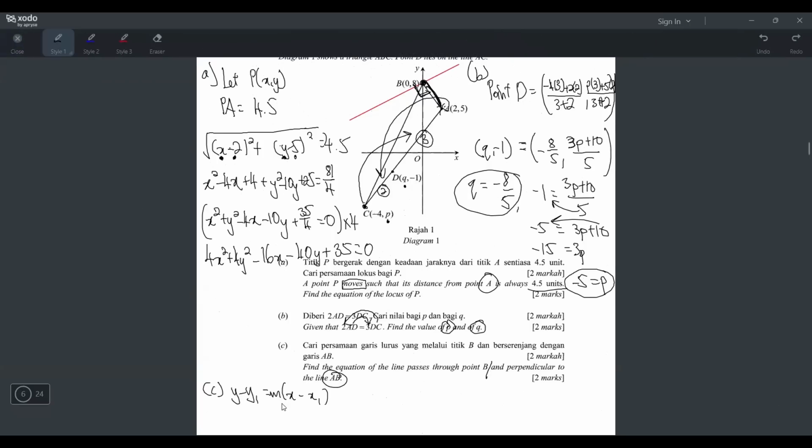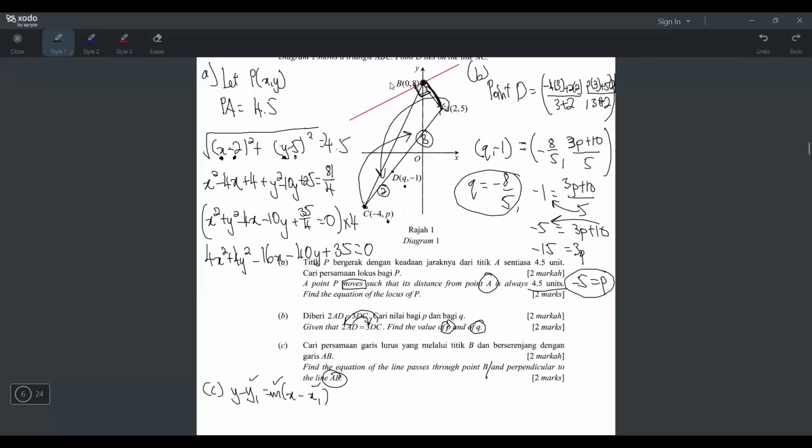Okay, let me tell you how to use this formula. This formula, you need to have two pieces of information, the gradient and the point. The x1, y1 is the point. But the point has to be any point that it passes through, right? But if you look carefully here, the point that it passes through is actually 0, 8. The red color line passes through point B, which is 0, 8, right?